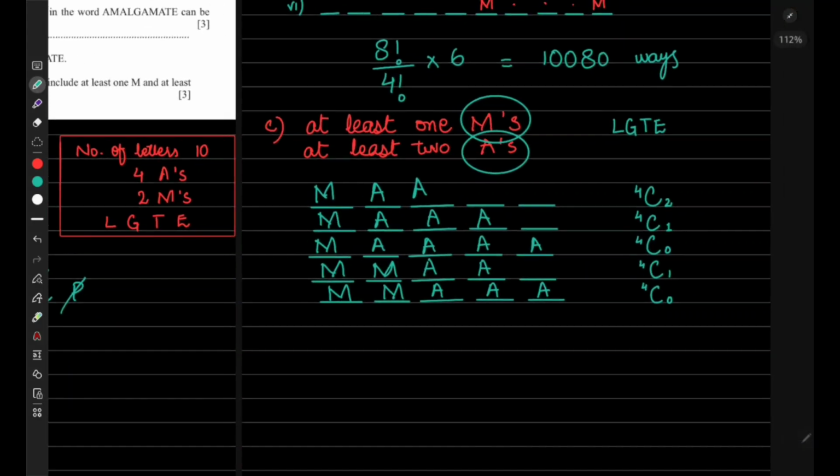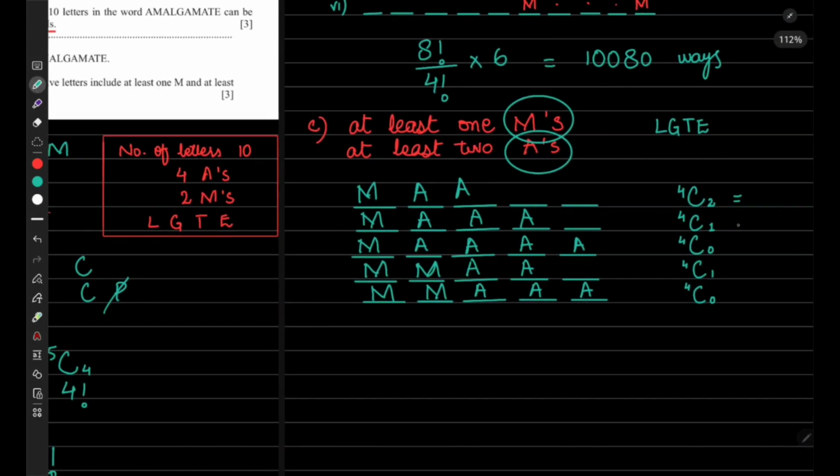Now calculate this. 4C2 is 6, 4C1 is 4, 4C0 is 1, 4C1 is again 4, and 4C0 is again 1.